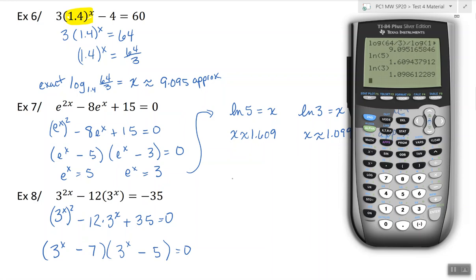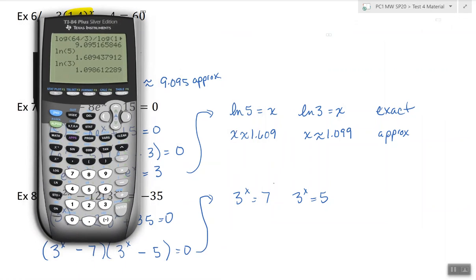Now I have 3^x = 7 and 3^x = 5, and changing that to log form, I'm going to have log base 3 of 7 equals x and log base 3 of 5 equals x.